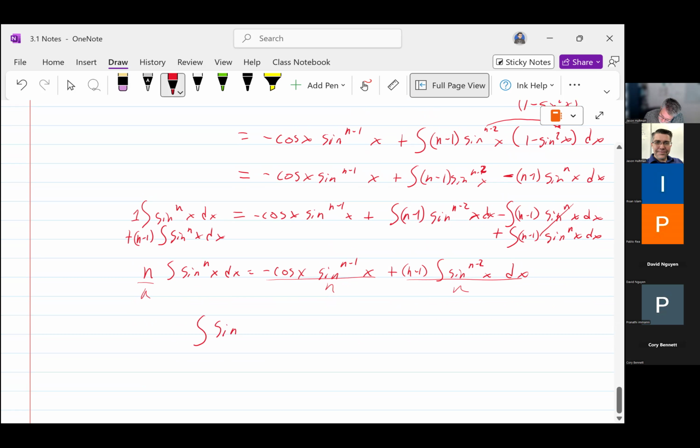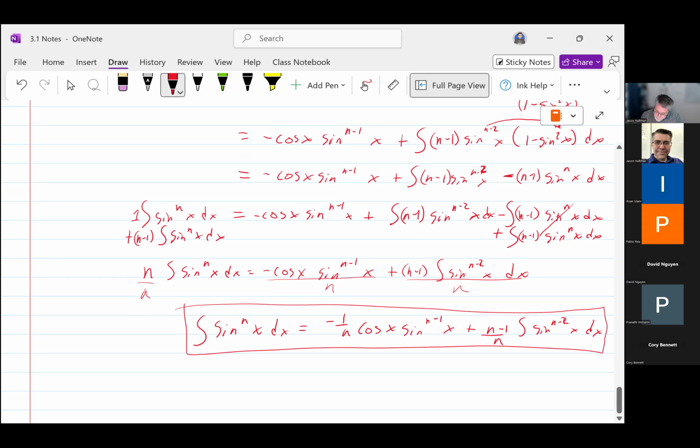The integral of sine to the n x dx is equal to negative 1 over n cosine x sine to the n minus 1 x plus n minus 1 over n times the integral of sine to the n minus 2 x dx. And that's our power reducing formula.